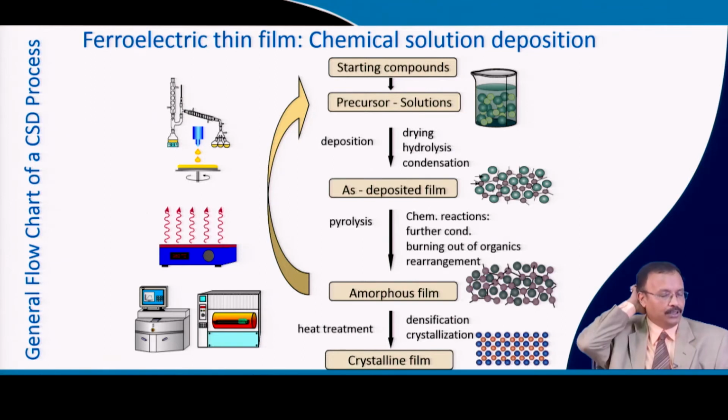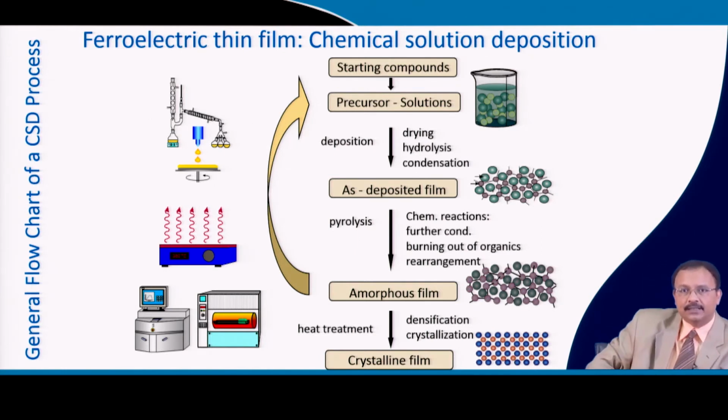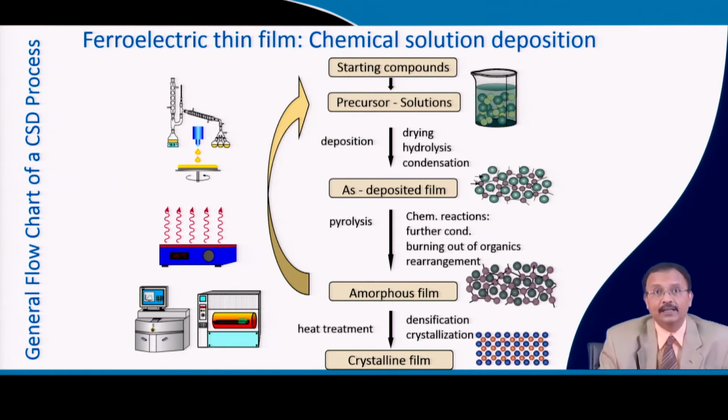I briefly introduced this chemical solution deposition in my earlier lectures, but again we are taking it up just to refresh our memories. There is a starting precursor solution. If you want to make barium titanate, lead zirconate titanate, lead titanate or lead lanthanum titanate, you will have to make a precursor sol, where all these chemical constituents are mixed at a molecular level.